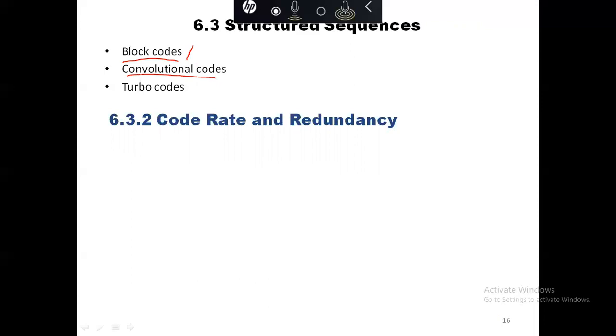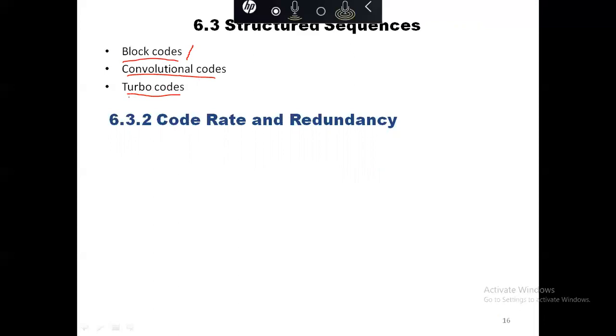The convolution codes in fact encode the data based on the previous bits. So we decode the sequence instead of decoding a single bit. Turbo codes use a maximum likelihood decoding method, so it is also based on the information we have previously transmitted.